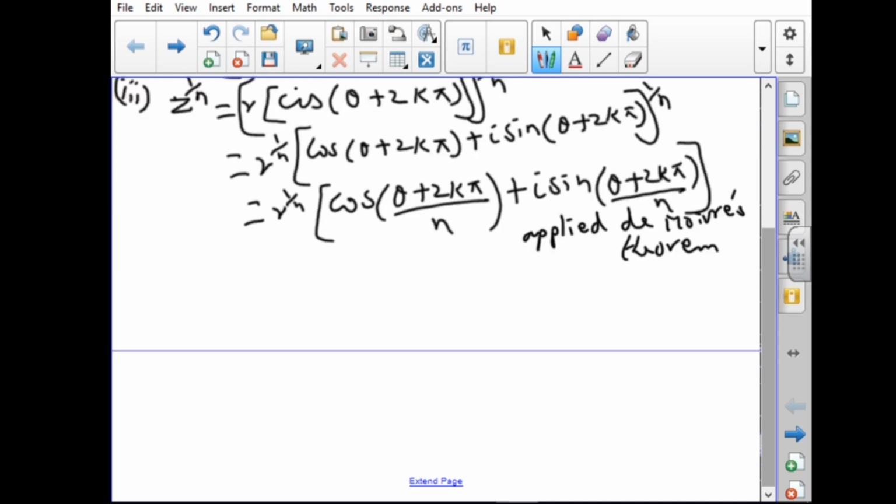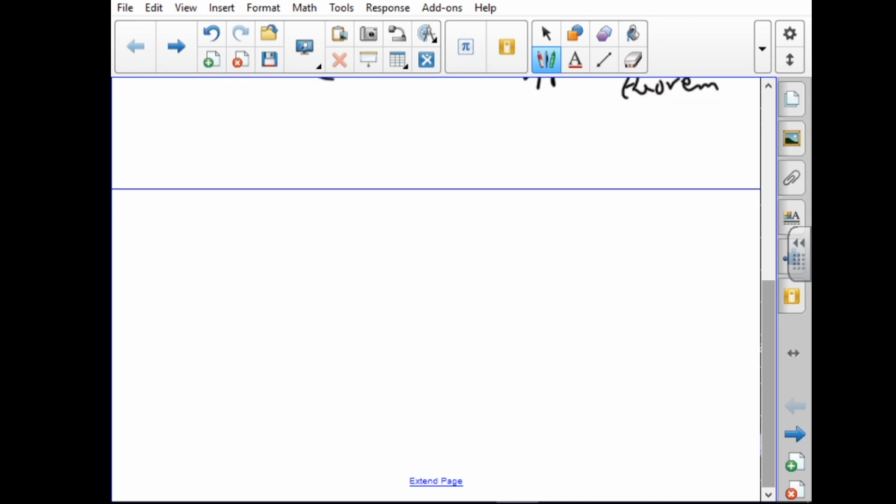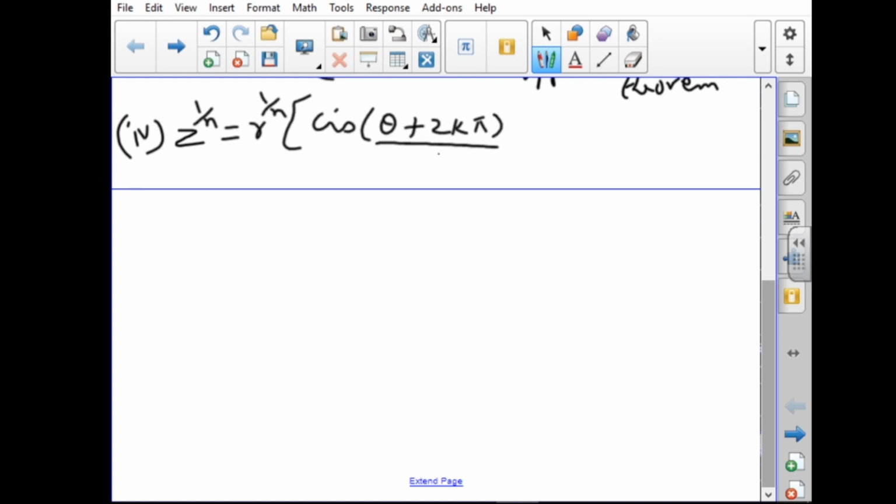Then next step, fourth one, substitute values for k. z power 1 by n is equal to r power 1 by n into cis of theta plus 2k pi by n.